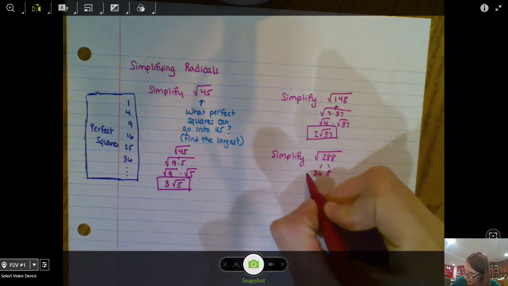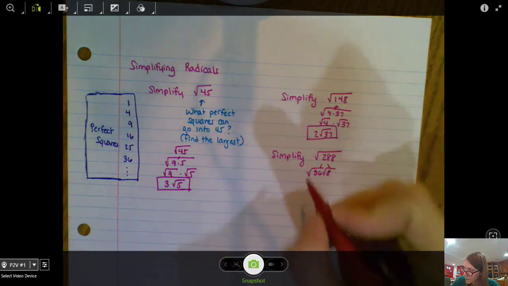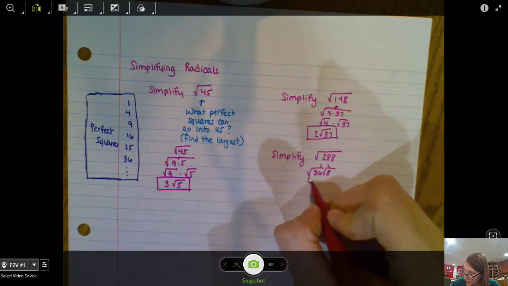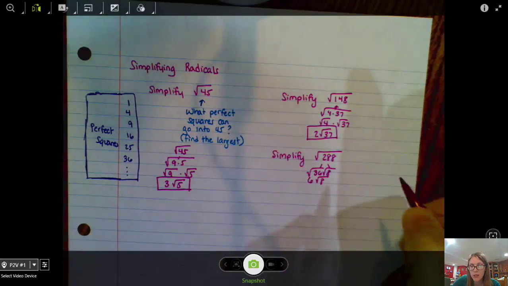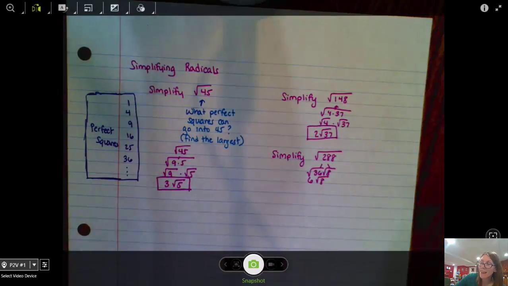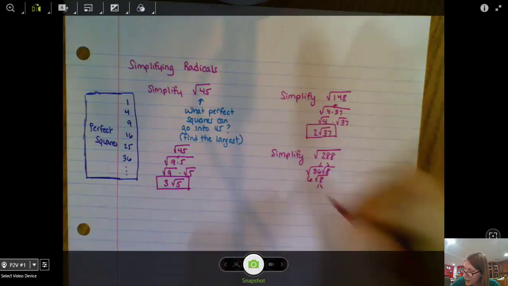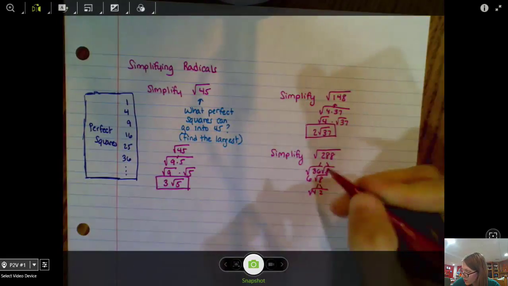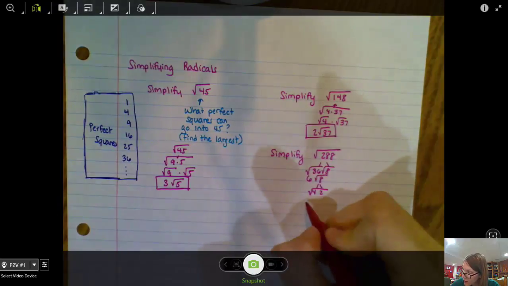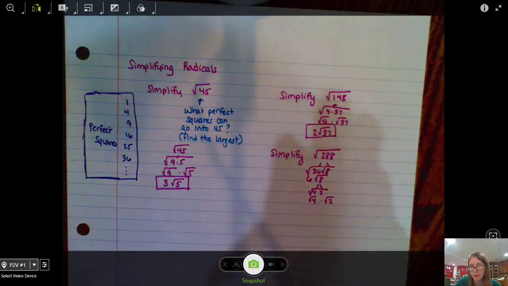So the square root of 288 is the square root of 36 times the square root of 8. Square root of 36 is 6. Square root of 8 isn't nice, so I'll leave it like this for a second. But that square root of 8 we can simplify more because 8 is 4 times 2, and the square root of 4 is 2.